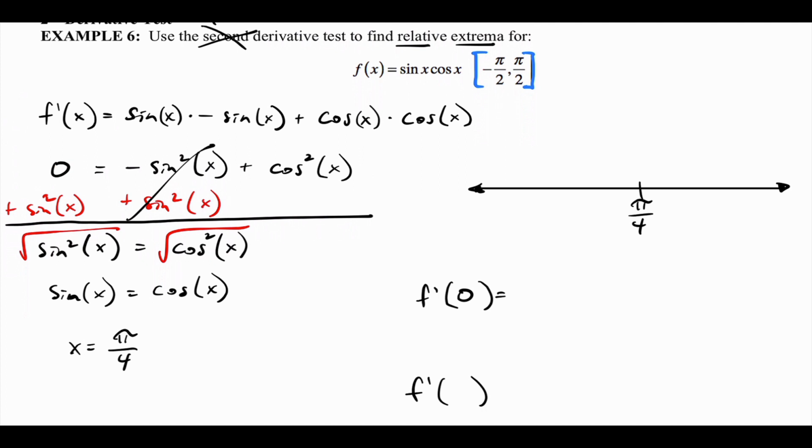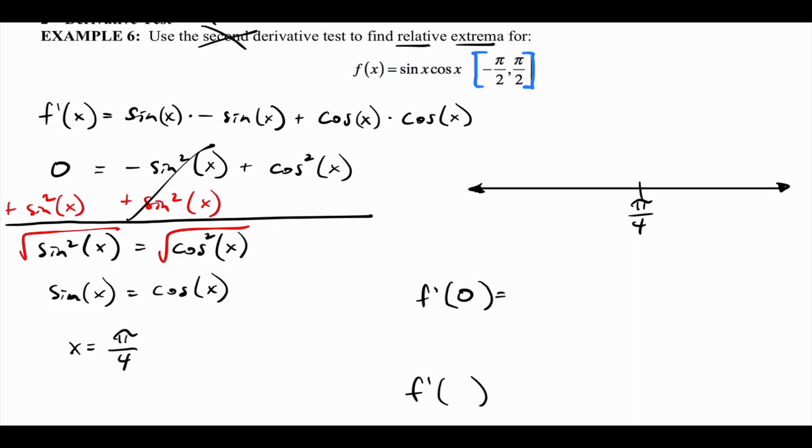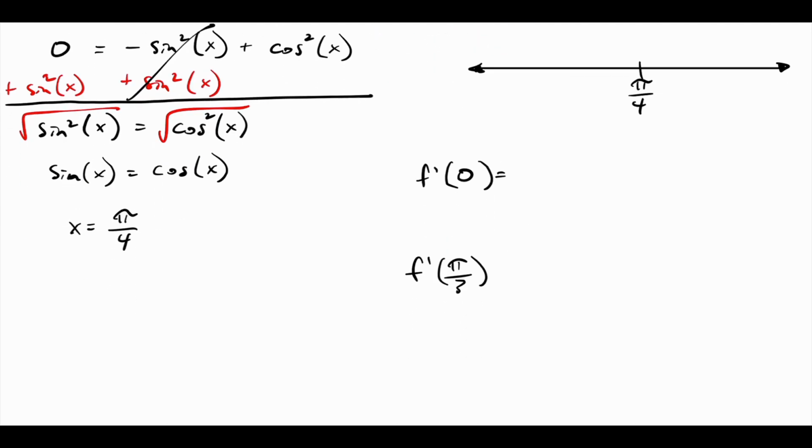I can pick pi over 2 because that's inside the interval, or I can pick pi over 3. Either one works. I'll choose pi over 3.